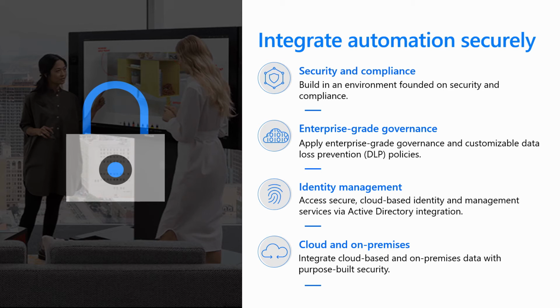It's integrated with Azure Active Directory, delivering secure, cloud-based identity and access management services. It's purpose-built for secure, cloud-based and on-premises data integration, and you can base your automation in data privacy with industry best practice and the strictest codes. And this reduces IT backlog by introducing low-code automation built for compliance and secure cloud-based access management.